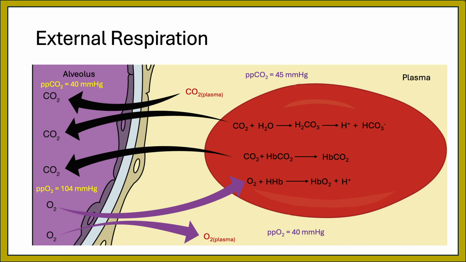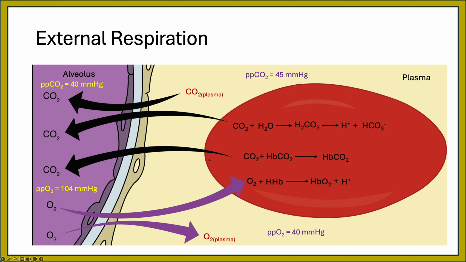This process involves the movement of carbon dioxide. Carbon dioxide can be present in a number of different ways. You can have it as CO2 dissolved in the plasma. It can also be carbon dioxide that's stored as bicarbonate ion, or carried by the hemoglobin in blood as well.